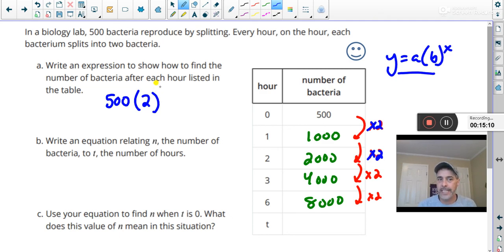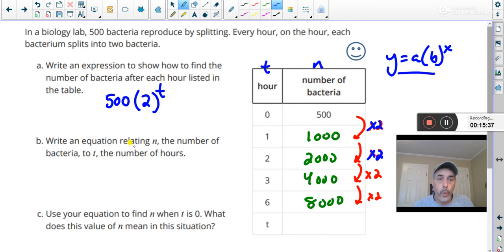It says t here, so I'll make this a t. This is going to be my t variable, and this is going to be my n number of bacteria variable. So there's an expression. You may remember from week 1 that expression was one of our Frayer model thoughts. An expression is an algebra sentence using variables and numbers and operations.